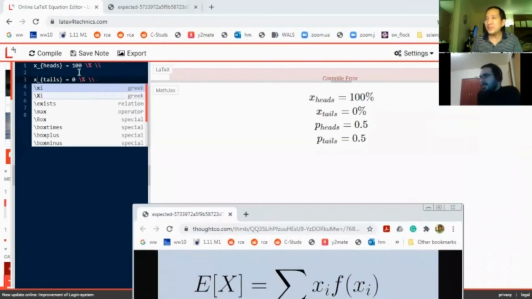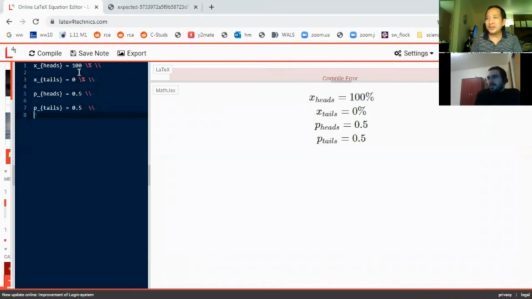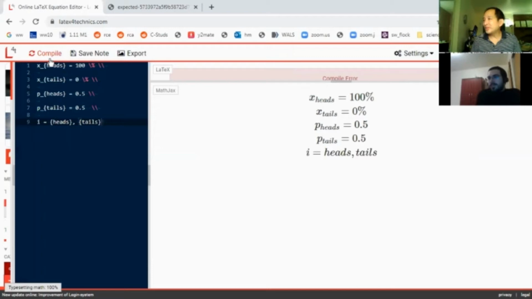So maybe I'll make that more explicit, where i equals heads, comma, tails. Let's recompile that. Okay. So i only takes on values of, we could say 0 and 1, but that's just going to make it more confusing.